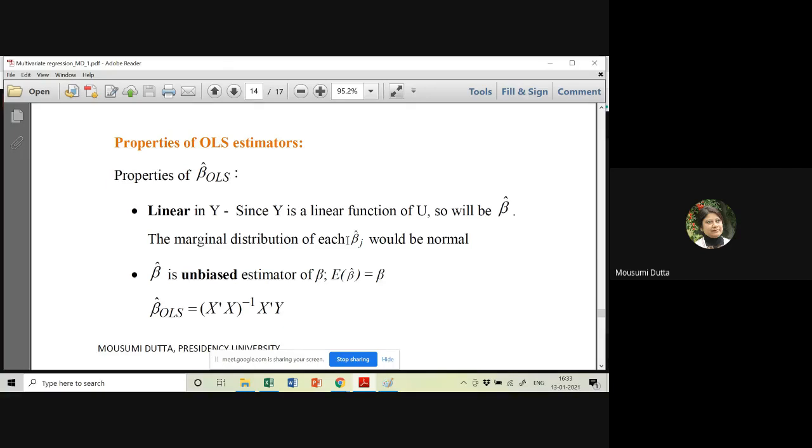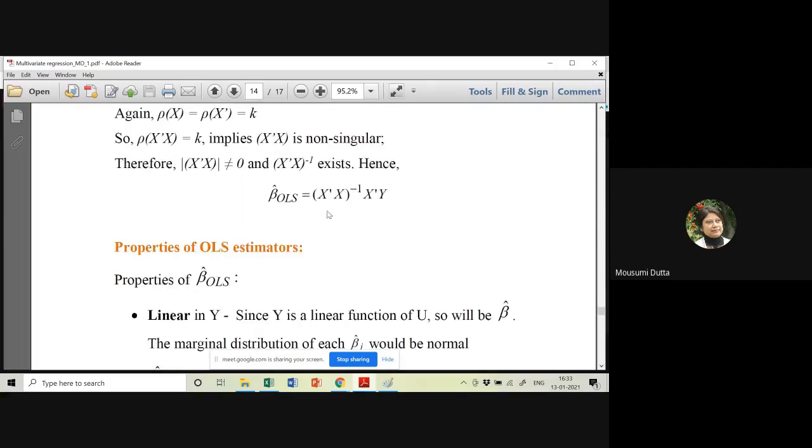Given the classical assumptions, if the estimators follow the minimum variance unbiasedness properties, we consider that the Gauss-Markov theorem has been satisfied. So we need this construct. So we are moving towards properties of beta hat OLS. Looking at the structure of beta hat OLS, it is x prime x inverse x prime y.